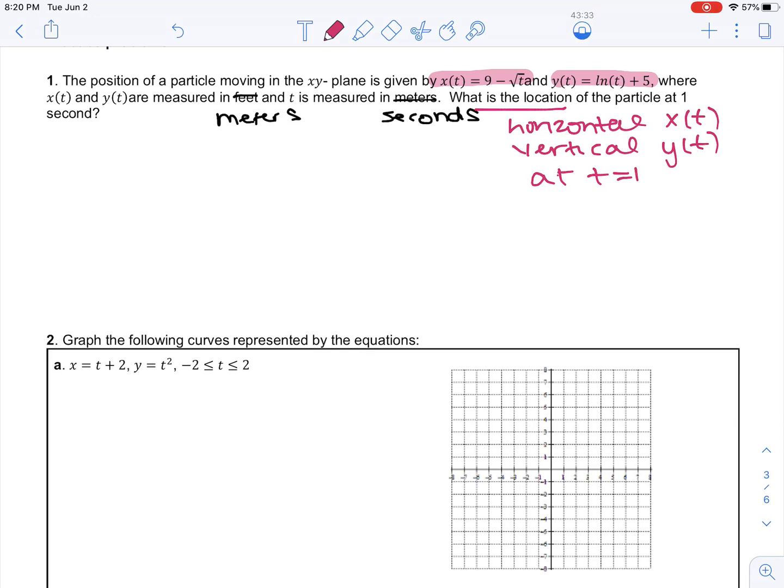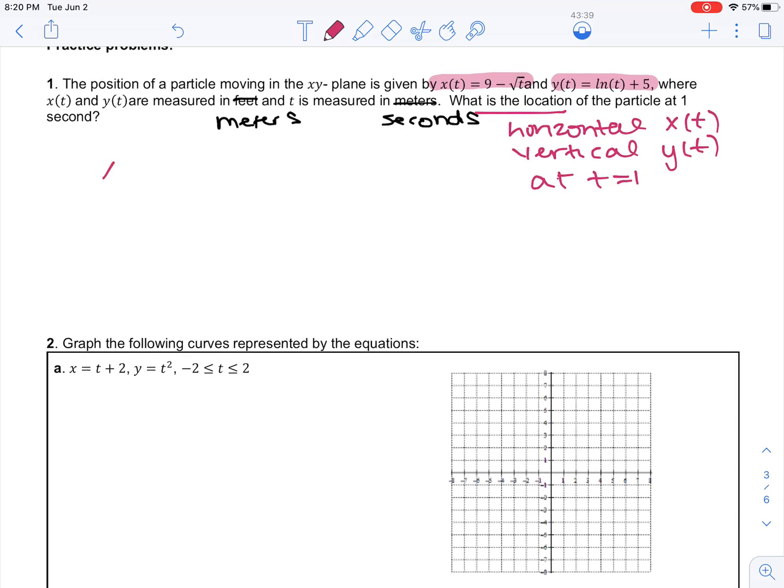So all we need to do is evaluate our horizontal position function, x of t, at t equals 1. We'll take x of 1 and set that equal to 9 minus the square root of 1, which gives us 9 minus 1, or 8.